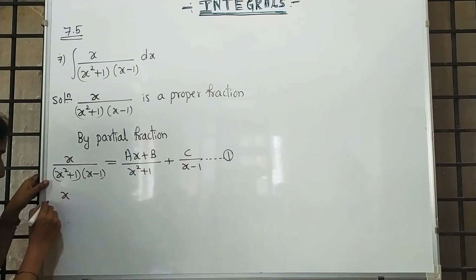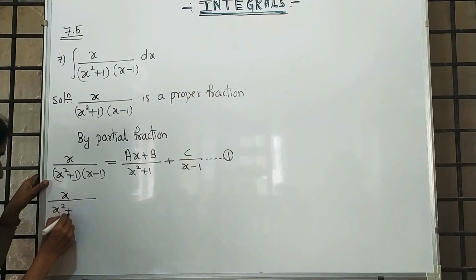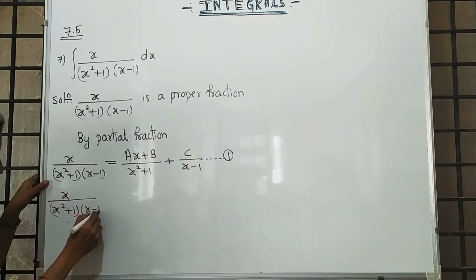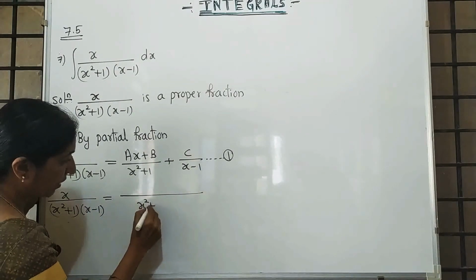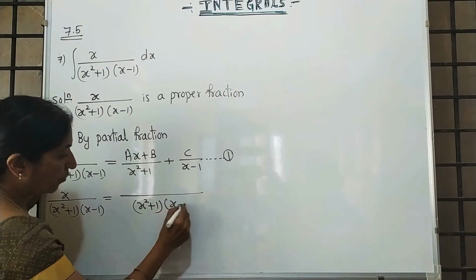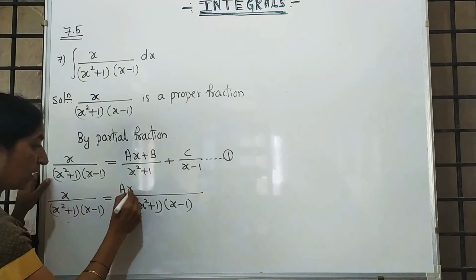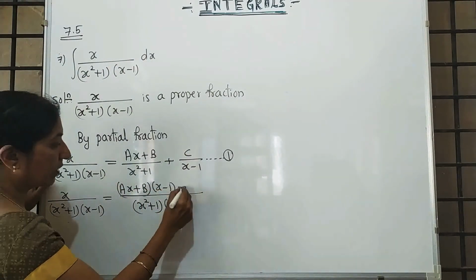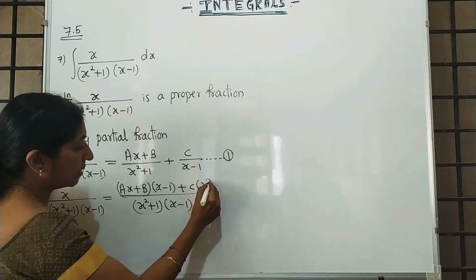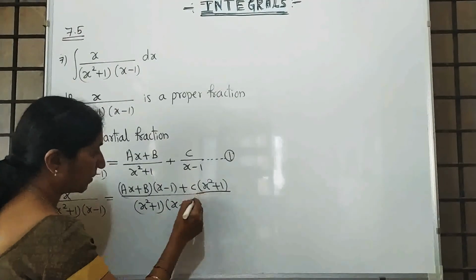Now keep the left side as it is. On the right side take the LCM. LCM is (x square plus 1) into (x minus 1). (ax plus b) is multiplied with (x minus 1) plus c is multiplied with (x square plus 1).